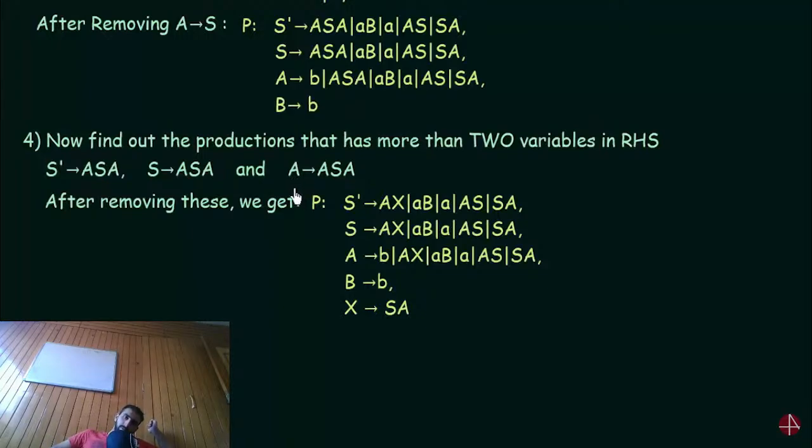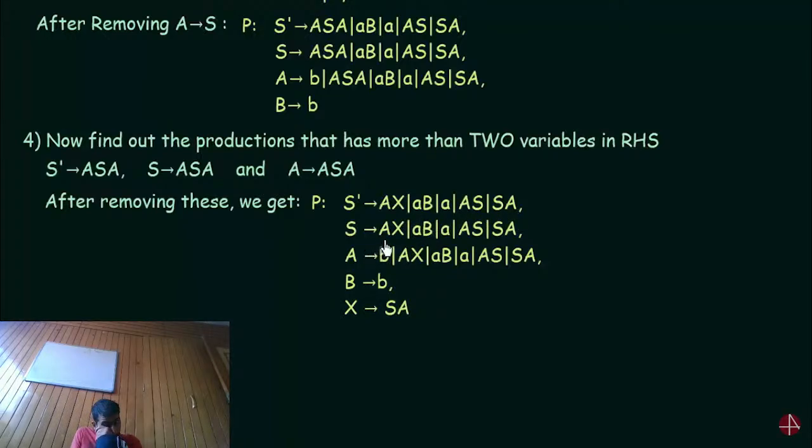In order to remove them, instead of writing ASA, I will just write A, and this SA I will replace with another variable which I will call X, and that X will give a new production which says X gives SA. How will I do this? S dash gives A, and instead of SA I will just write X, and the rest of the things are the same.